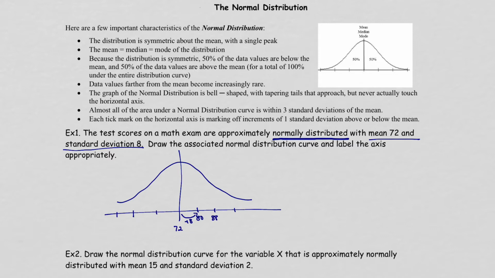Plus another 8 gives you 96. The other way around will be subtracting 8 from 72, so it will be 64, 56, and 48. And that's how you can draw the normal distribution chart for a given mean 72 and standard deviation 8.